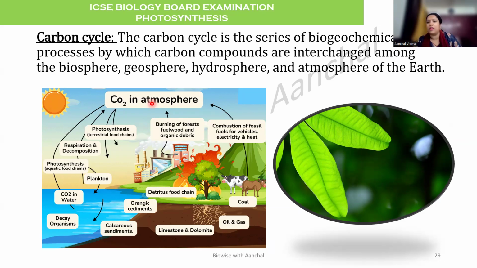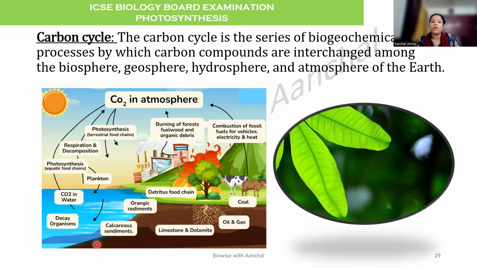How is that done? It is done by the process of photosynthesis and respiration. And carbon dioxide is also added into the atmosphere naturally by volcanic eruptions and also by forest fires or any kind of combustion that is taking place. At the same time, these processes utilize oxygen, right?